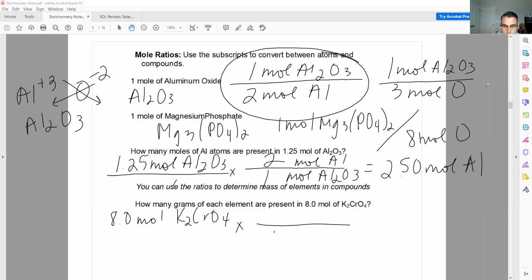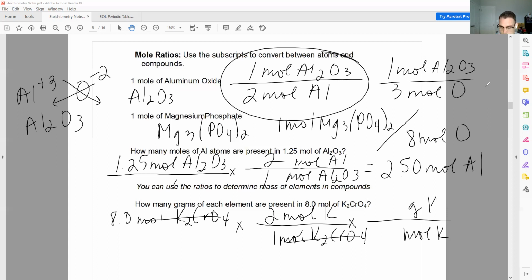For every 1 mole of the compound, I'm going to get 2 moles of potassium. So the moles of the potassium chromate cancel. And then I know we're going to put moles of potassium at the bottom, grams of potassium, and just from the molar mass, it's 39.1 grams for every 1 mole. Moles of potassium cancel. You're left with grams of potassium. Your answer with 2 sig figs is 630 grams of potassium.